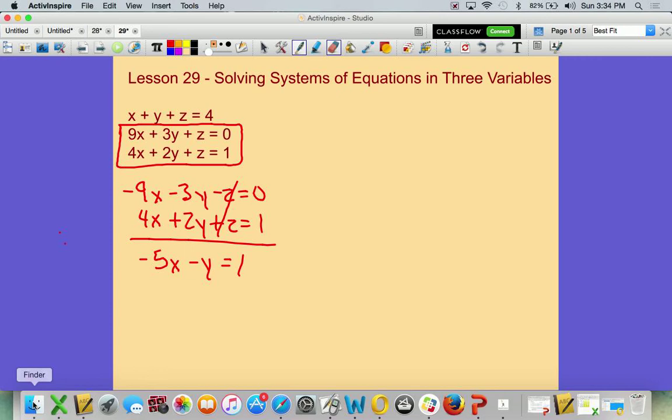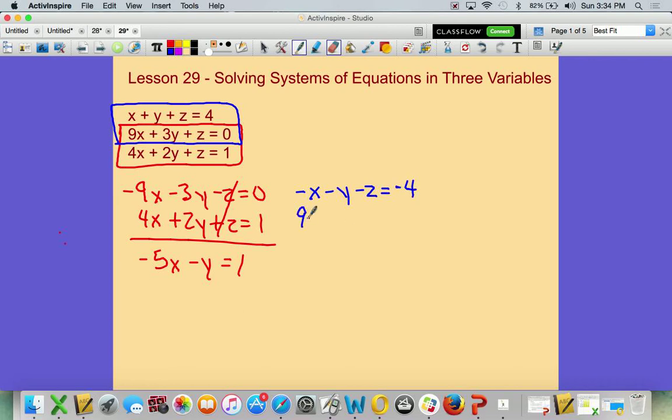Now we want to pick any other two equations and eliminate the same variable. So I'm going to pick these top two now, and I need to eliminate z just like I did right here. So I'm going to run a negative through the top: negative x minus y minus z equals negative 4.